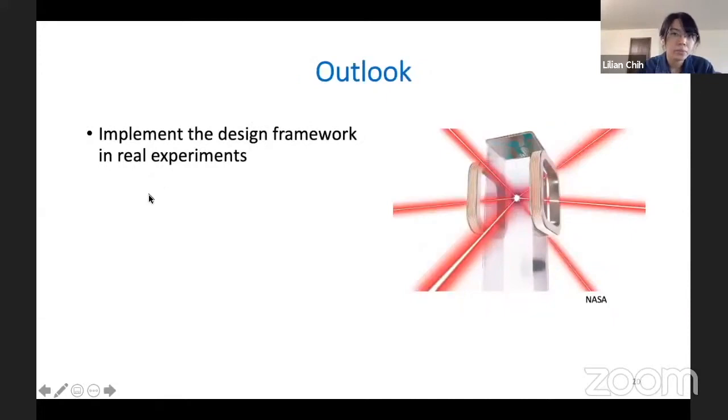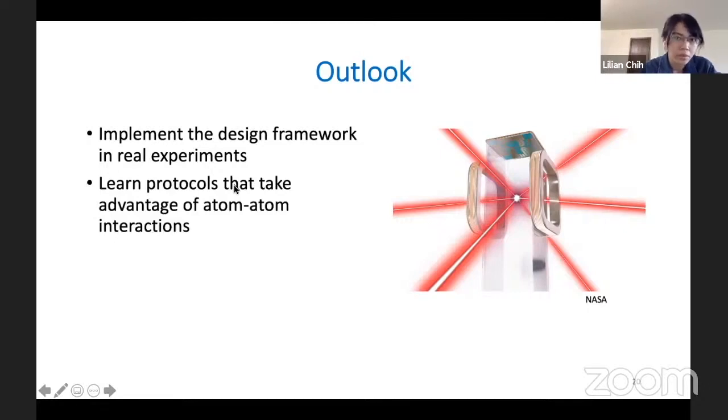So in the future, we will use this design framework in real experiments. And since our learning algorithm is model-free, we can simply replace the environment with real experimental apparatus.